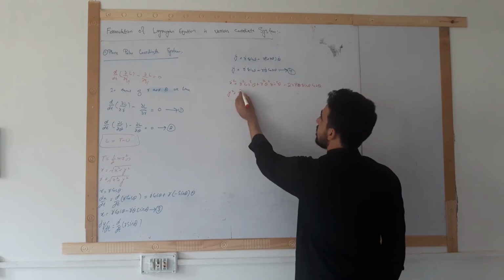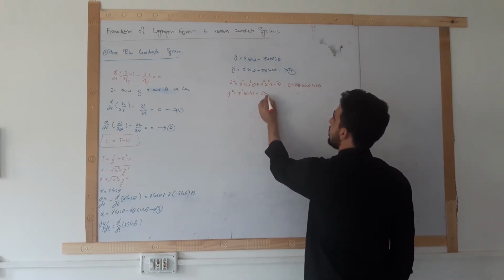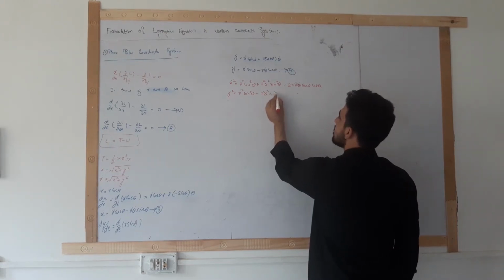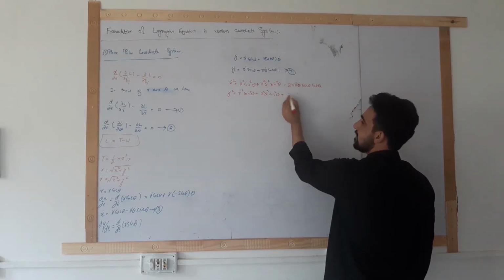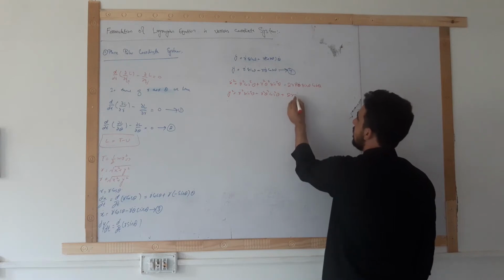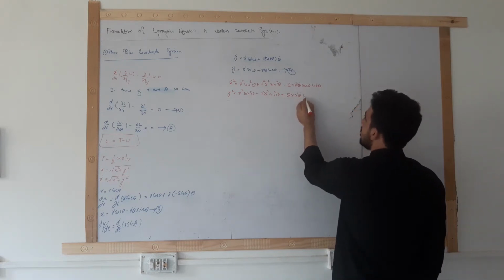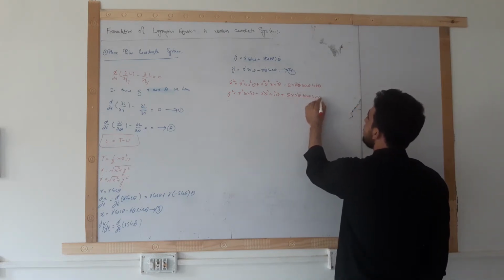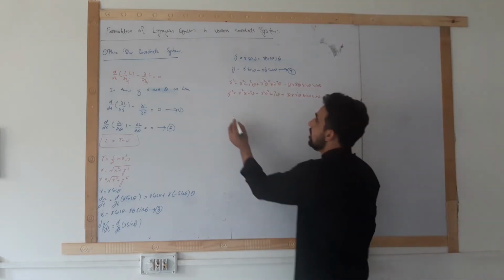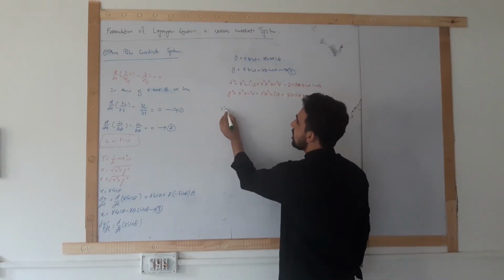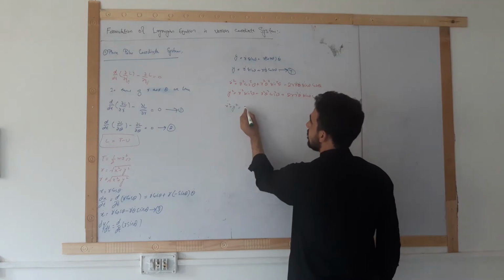Similarly, y dot squared will become equal to r dot squared sine squared theta plus r squared theta dot squared cosine squared theta plus 2 r dot theta dot sine theta cosine theta. Now we need to find x dot squared plus y dot squared.